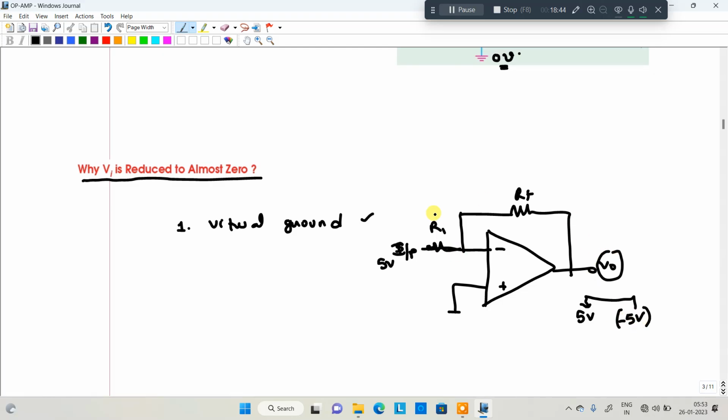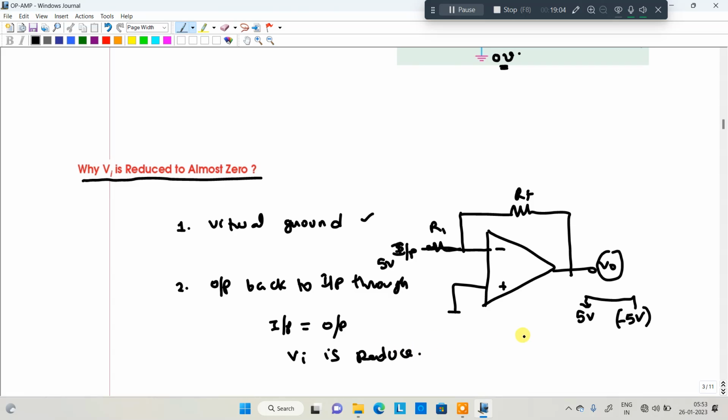Once it is inverted, you get 0. So the input is equivalent to the output, and in that case Vi is reduced to 0. That is another possibility. These are the two cases; Vi is reduced to almost 0.